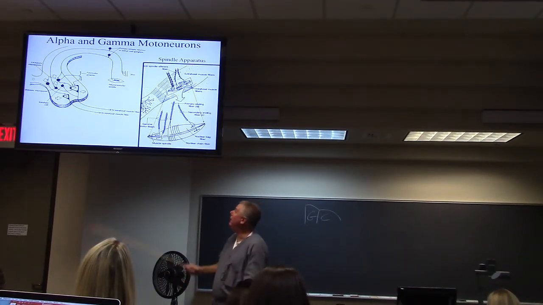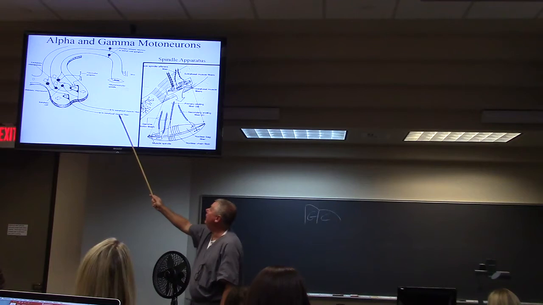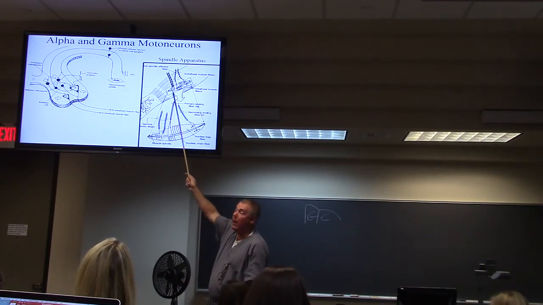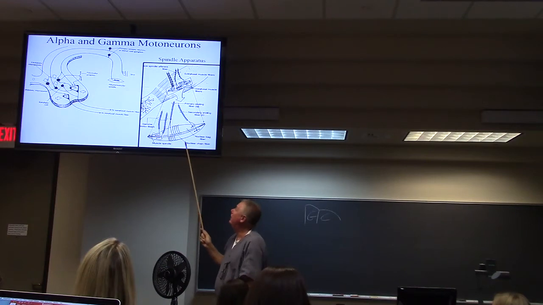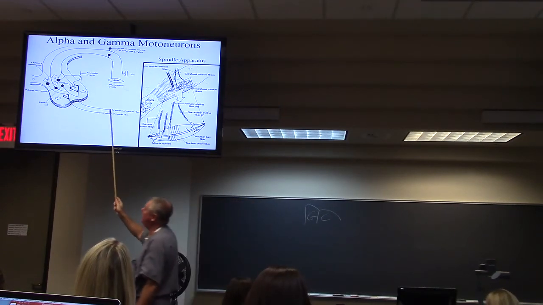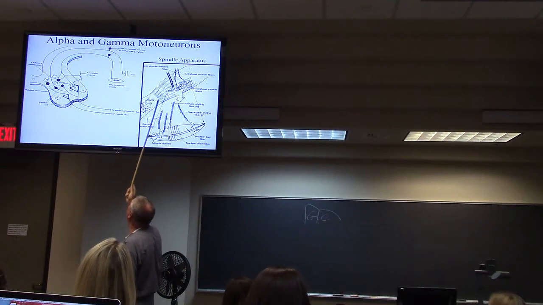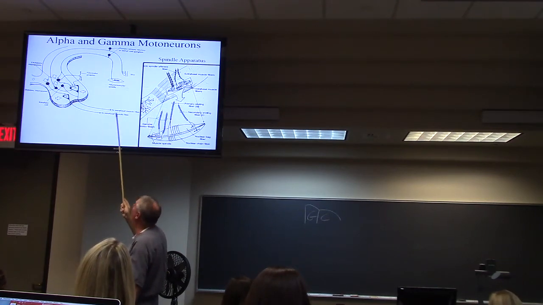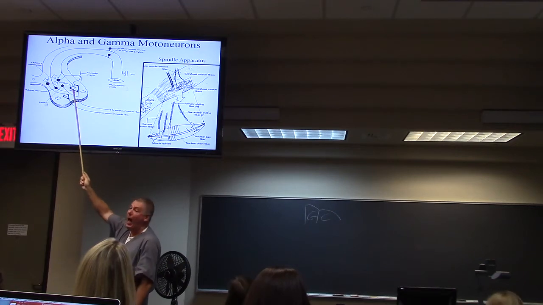They're supplied by the gamma fibers, and they're called intrafusal fibers, the two muscle types that are inside a muscle spindle. The motor neurons going to the muscle itself supply the extrafusal muscle fibers, and they're designated alpha motor neurons.